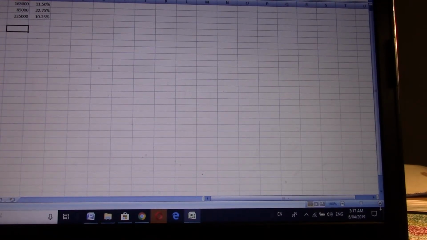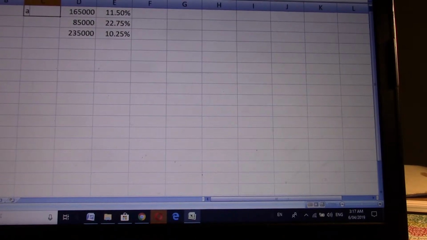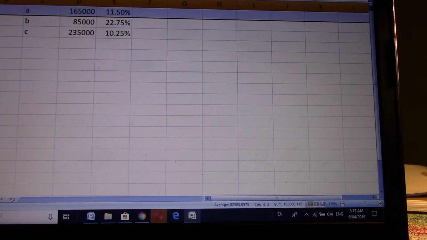That's all we need. So this is stock A, B, and C here. You can create a table like this.